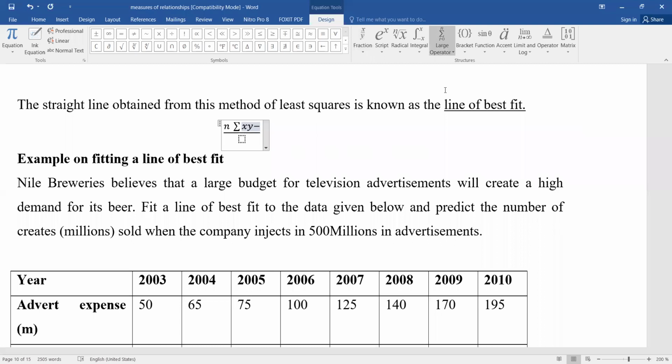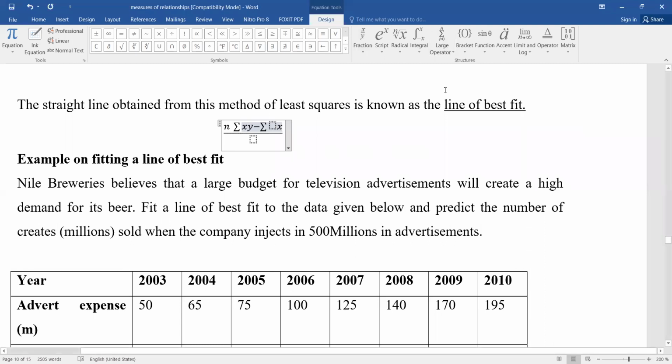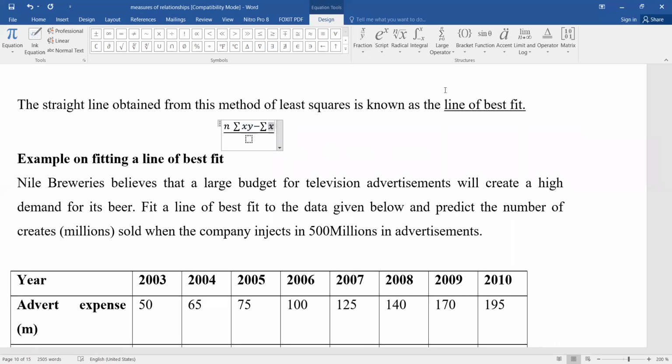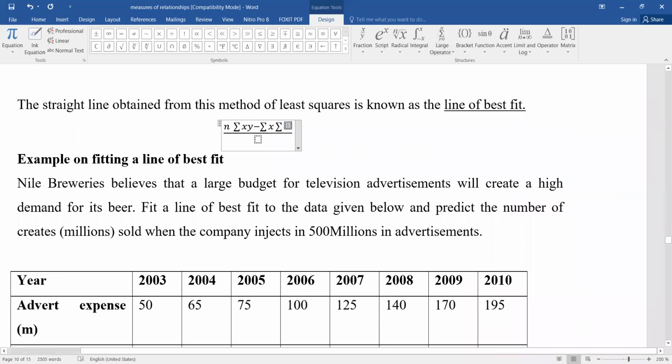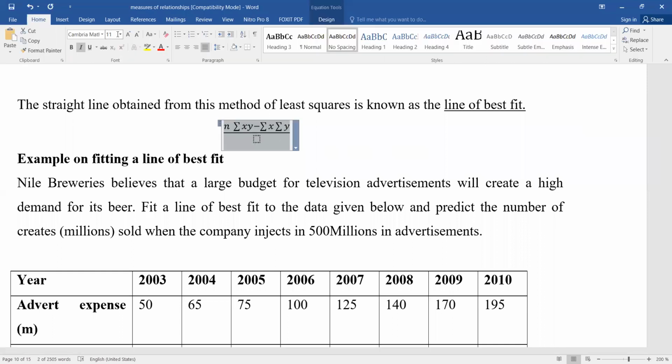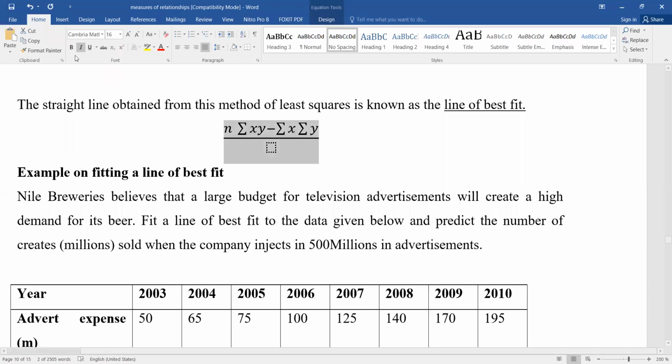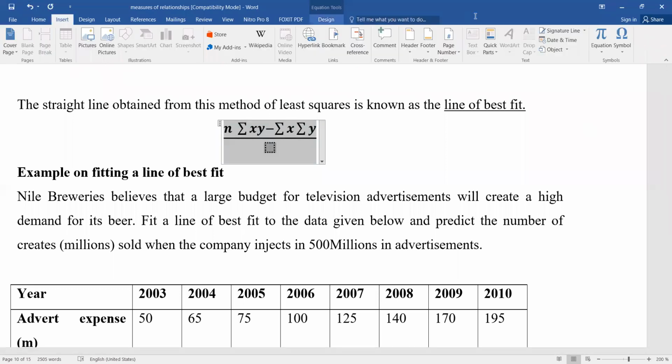Times summation of X and summation of Y. Let me just increase and make it bold. Then the denominator deals with only X, so you don't need the square root.